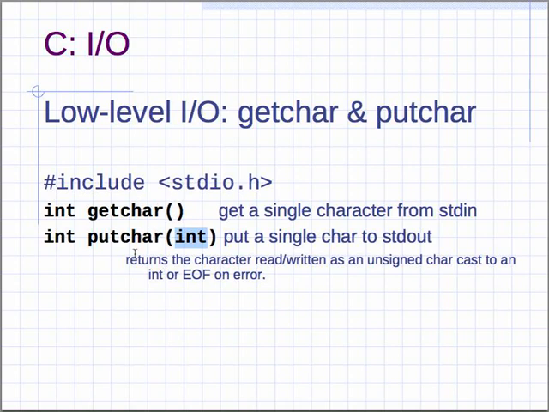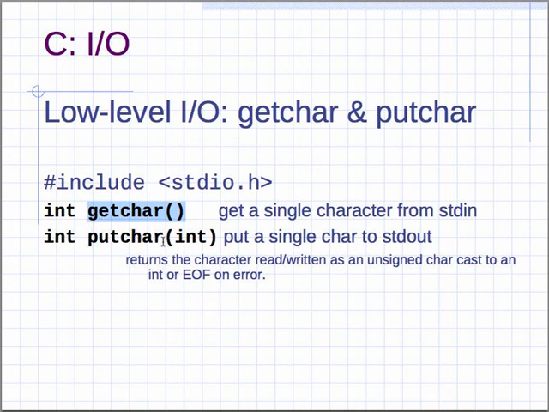Getchar returns a character read, and putchar returns the character written as an unsigned char cast to an int. So it's a little bit complicated, but even though getchar only gets a single character, it actually returns an int, but only the least significant byte contains the information that getchar actually gets.